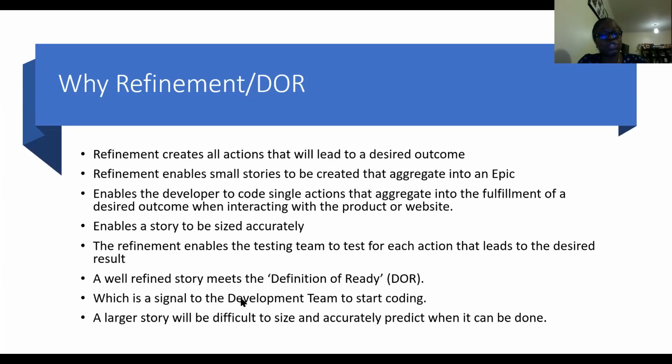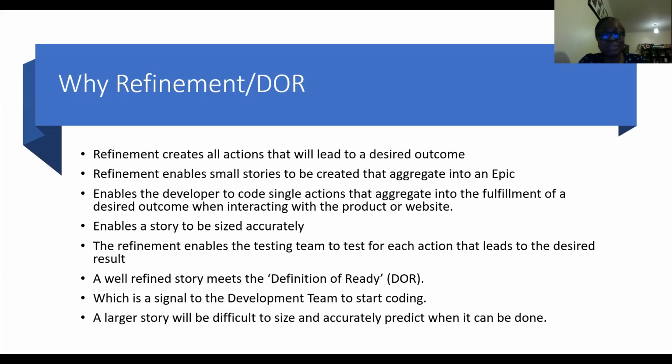It enables a story to be sized accurately, because obviously if there's any ambiguity or you do not actually understand what the story is trying to say, then you will not be able to size it. The refinement enables the testing team to test for each action that leads to the desired result. So it's part of that INVEST.